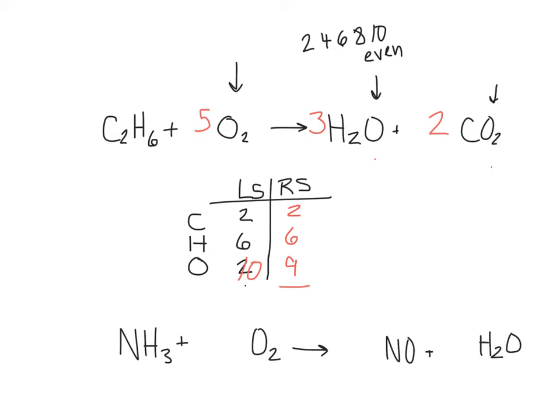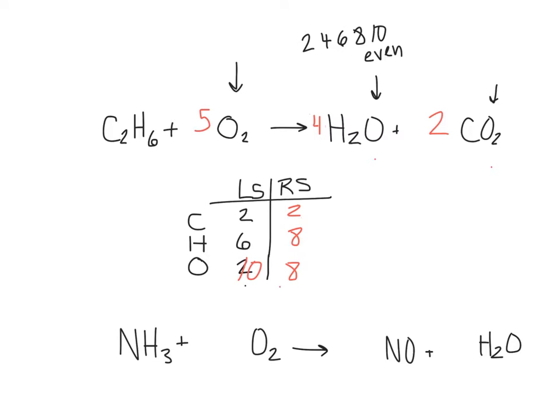So I'm going to try changing this coefficient in front of the water to a 4. And at least that's an even number, so that's positive. It is getting us closer to the right answer. So now on the right-hand side, I have 8 hydrogen, and 4 plus 4 is 8 oxygen.